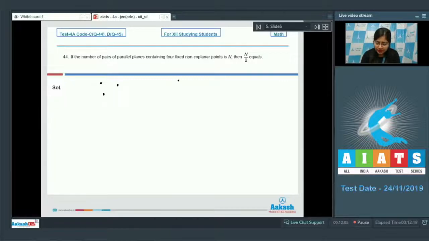So this can be done in 4C3 ways, because in 4C3 ways I have selected any 3 points from all the 4 and then pass them from any one plane, and then the 4th point that is left can be passed through another plane. There is only one possibility for that. So total number of planes is 4 from here.